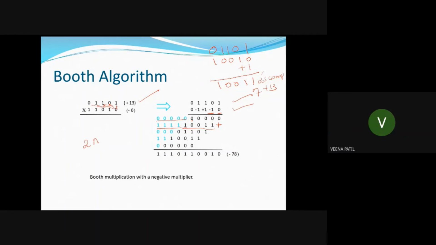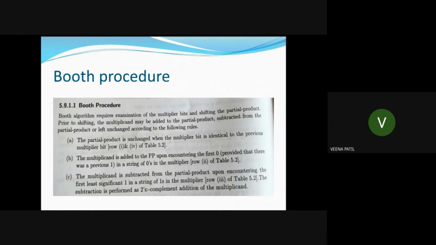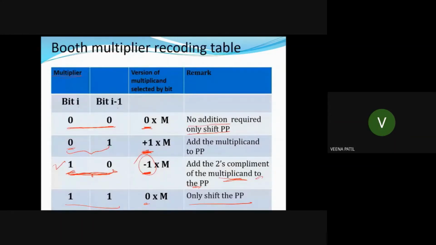Okay. Now, if it is plus 1, what am I supposed to do according to the table? Add the multiplicand to the partial product. You need not take 2's complement. Simply add the multiplicand.